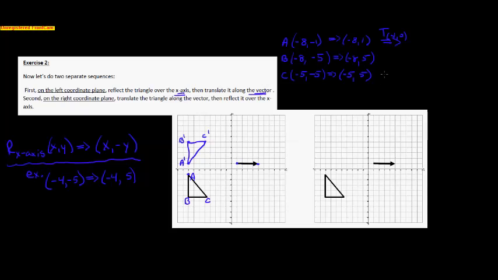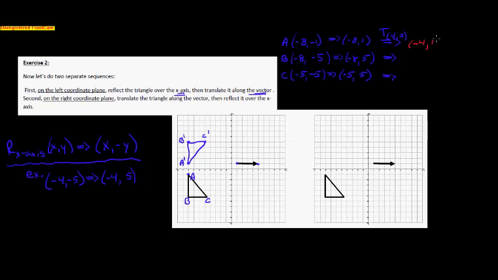So I'm doing a translation of 4, 0 on each one of these points. Well, if I take each one of these points and I simply count 1, 2, 3, 4, then basically what I'm doing is adding 4 to each one of these x-coordinates. Okay, if you want to count them, go ahead and count them. I'm just going to do it mathematically up here.